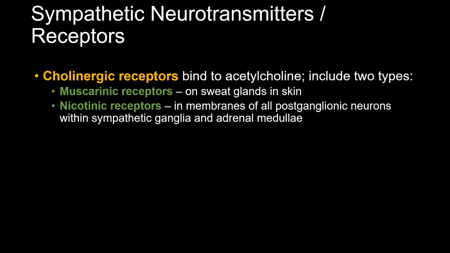There are also nicotinic receptors, named so because they bind the poison found in tobacco, nicotine. Muscarinic receptors are found in the sweat glands on the skin, and nicotinic receptors are located in the membranes of all postganglionic neurons, as well as the cells of the adrenal medulla, which itself consists of modified postganglionic neurons.